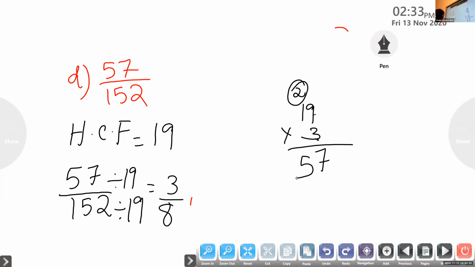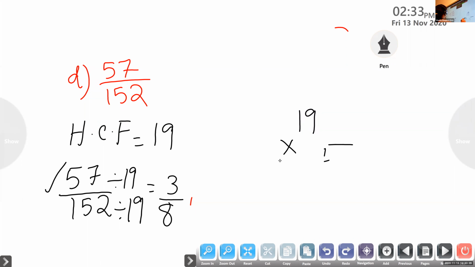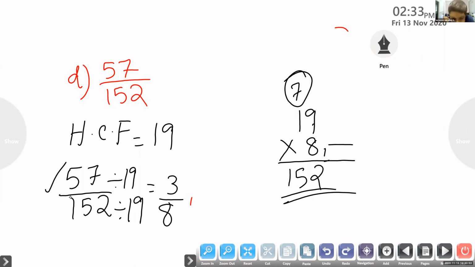So we got 57. Now check with 19 when you multiply by 8 whether you are getting 152. 9 into 8 is 72. 7 is the carry over, 1 into 8, 8 plus 7, 15. So we got 152. So 3 by 8 is the answer and we cannot divide this number again.